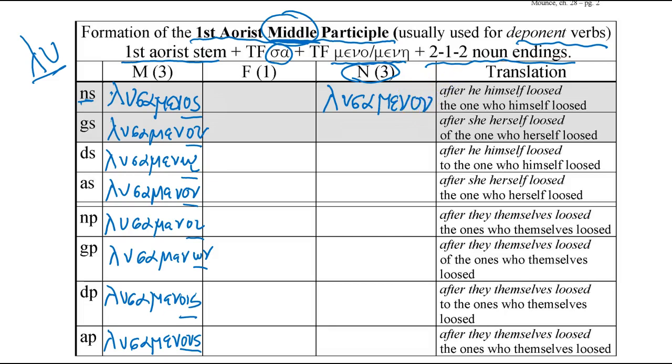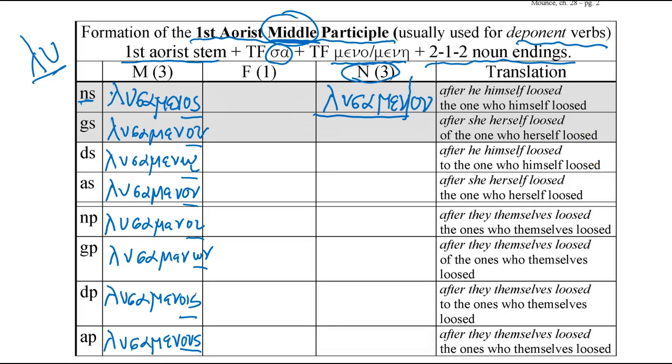So why don't we pause here and I'll have you do the rest of the paradigm. Why don't you fill this out on your own? Just simply use the neuter case endings. The stem you're working with is lusamen, and then you simply add on, u, o, on, etc. all the way until the paradigm is fulfilled. So we'll pause here and I'll have you do that.